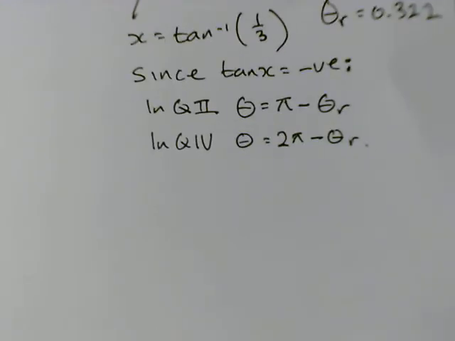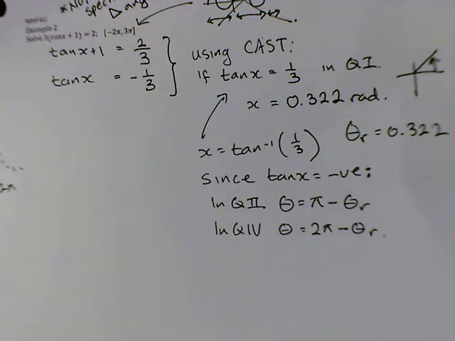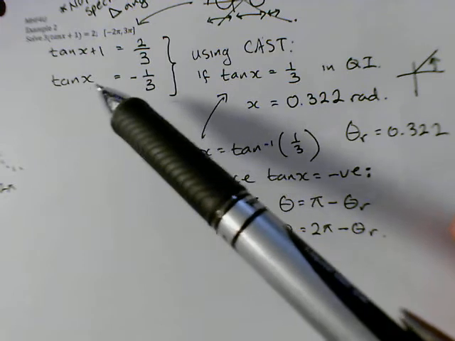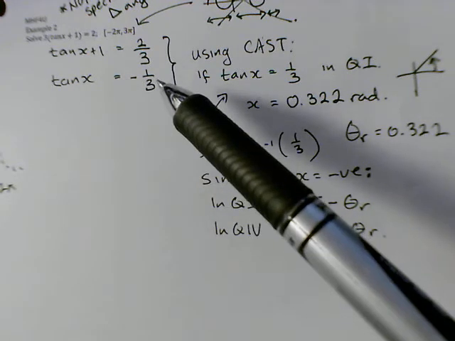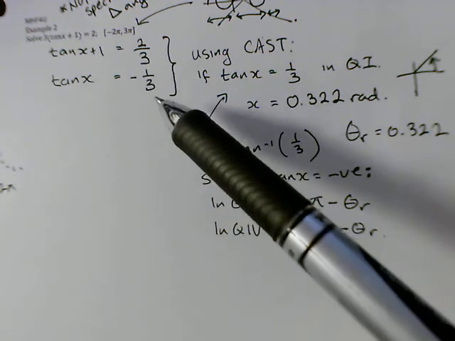Right? So let me back out a little bit. That's a lot of stuff that you have to consider. Before actually writing out all the possible answers, let's talk about this. Once again, I have removed everything I could except the trig ratio to the right side, getting me tan x equals negative 1 over 3.